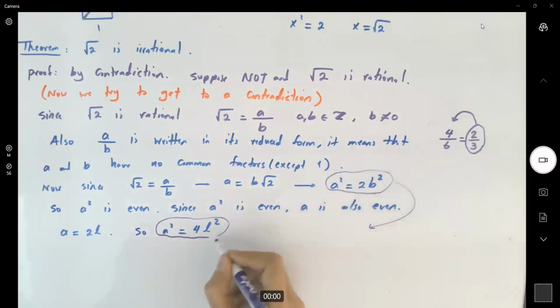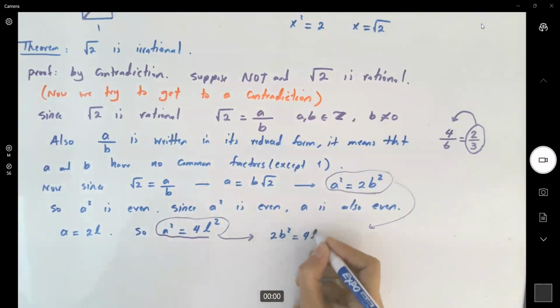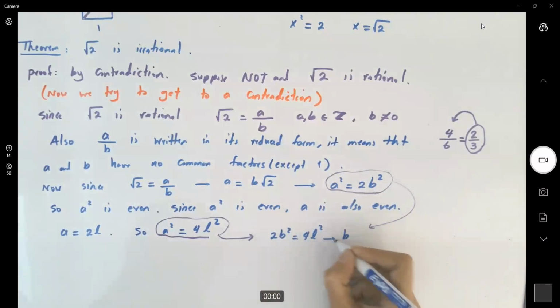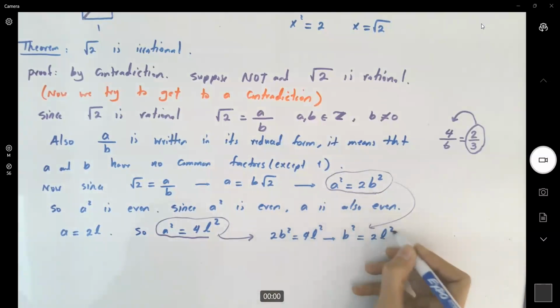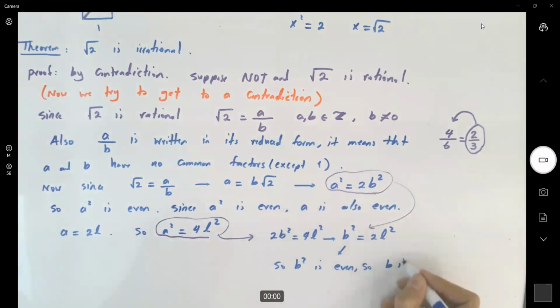From these two, we have 2b squared equals 4L squared, or b squared equals 2L squared. So b squared is even, then b is even. So b can be written as 2 times, for example, t.